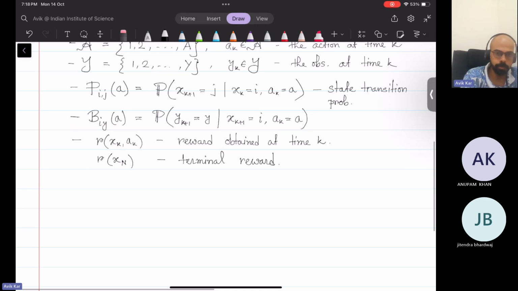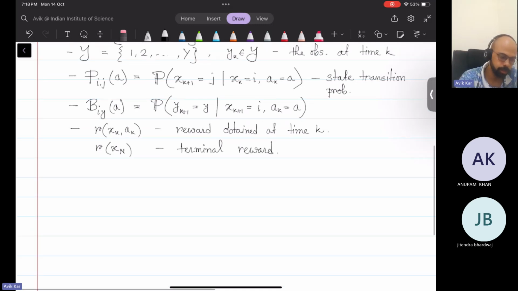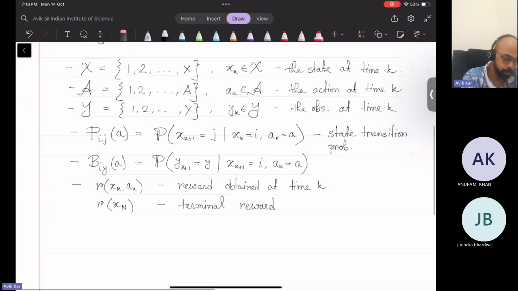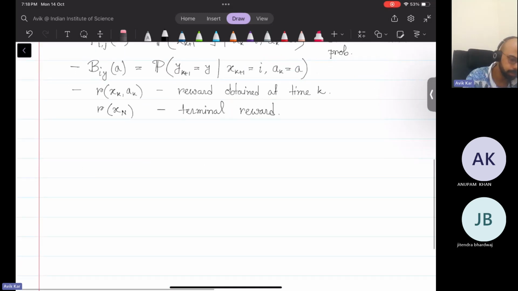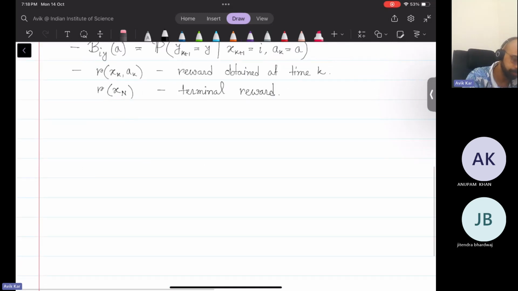So let me write the dynamics of the partially observable Markov decision process as an algorithm.